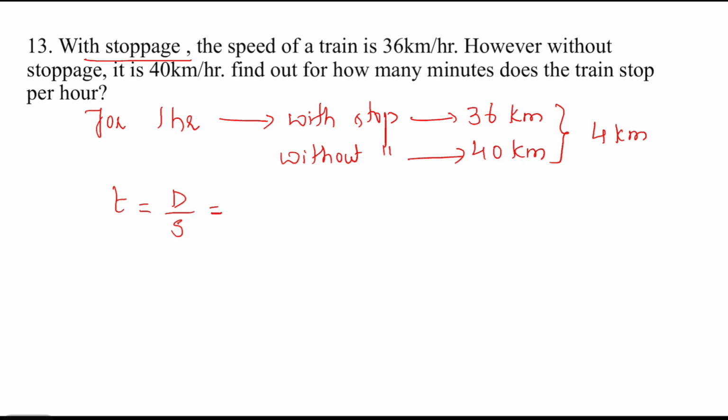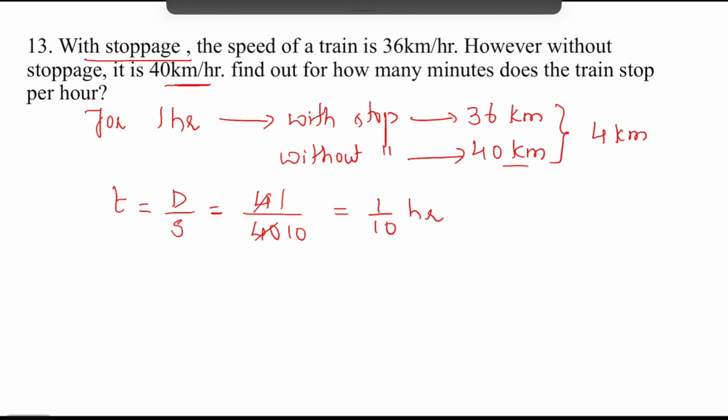So distance is 4 km divided by speed, we have to take 40 km, because take the ideal speed, that is the speed which does not produce any loss. 40 km per hour is the speed which is not producing any loss, so it is the ideal speed. So 4 divided by 40 is nothing but 1 by 10. It is 1 by 10 hours, isn't it?